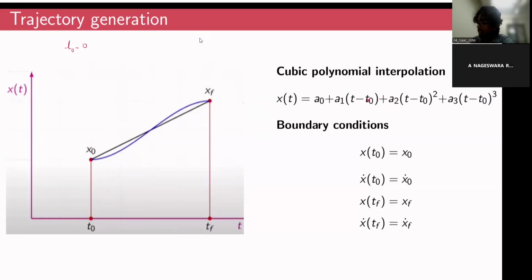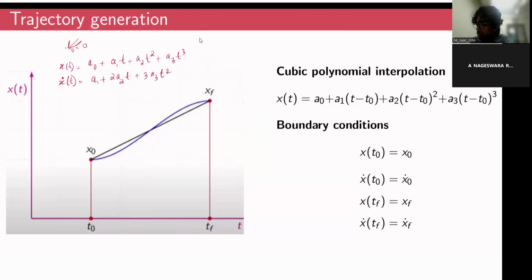So your general equation would look something like this: x of t would be a0 plus a1t plus a2t square plus a3t cube. And if you take the derivative of this equation, the velocity would look something like a1 plus 2a2t plus 3a3t square.